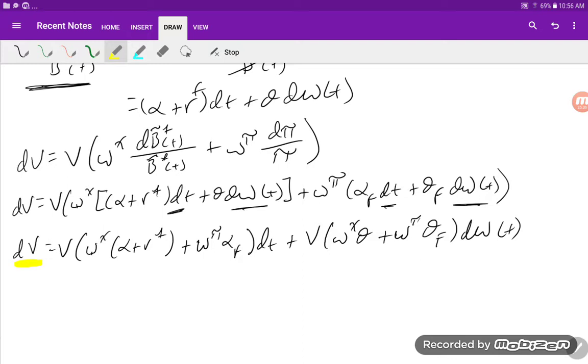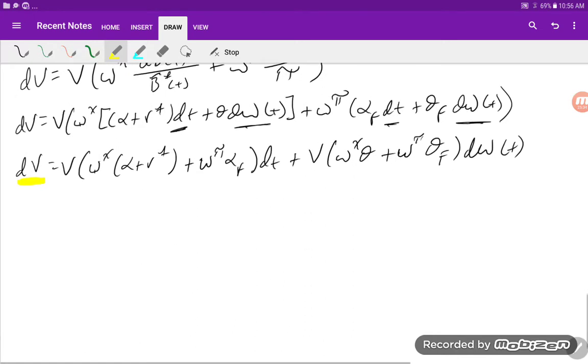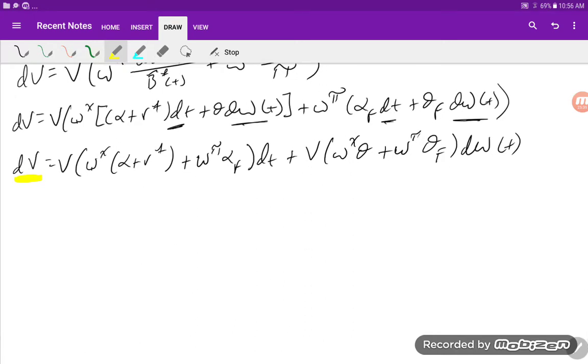All right, so why is it important to get it in this form? Well, now we need to bring in some option pricing theory. So here we have a drift term, right? We have some term attached to dt. Well, we know that this should be equal to the domestic risk-free rate, r_d, for no arbitrage.